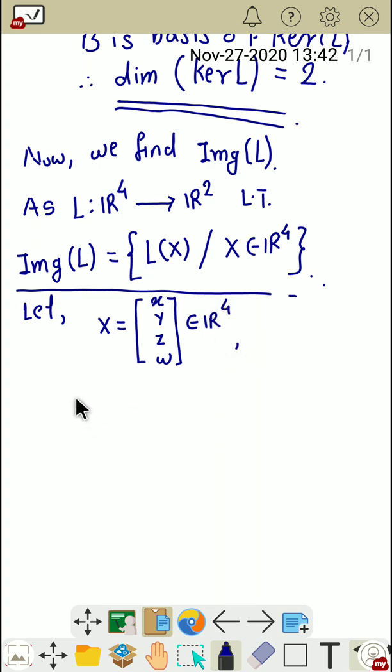Okay, and therefore L of x, and the image set is always a subset of R2.